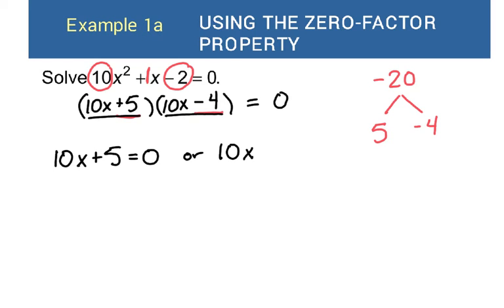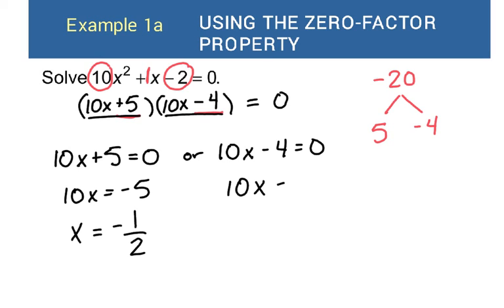And that is what I'm doing here. Okay, so solving for x, we get x is equal to -1/2. And on this other side, we get x is equal to a positive 2/5, because 4 divided by 10 reduces to 2/5.